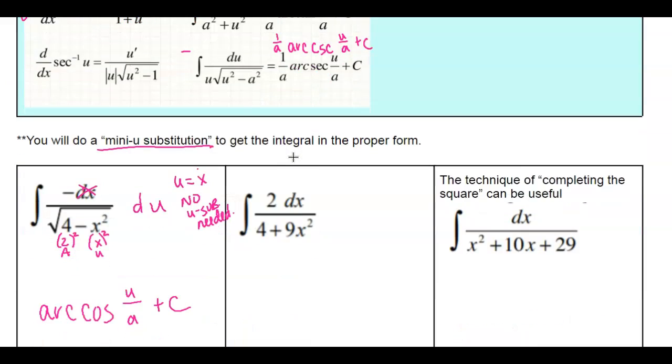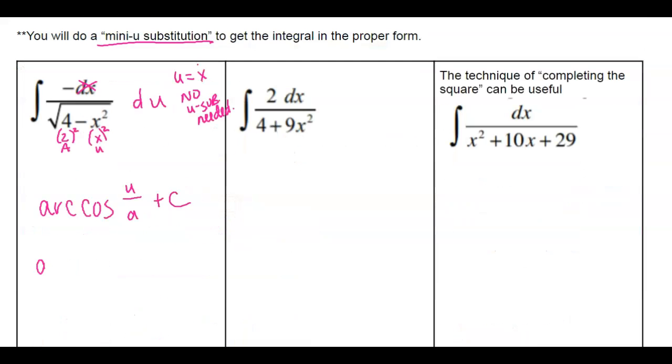Be flexible. Okay. So arc cosine, I know U is X and A is 2. Okay. Inverse trig does have a domain restriction, so it's still a function.